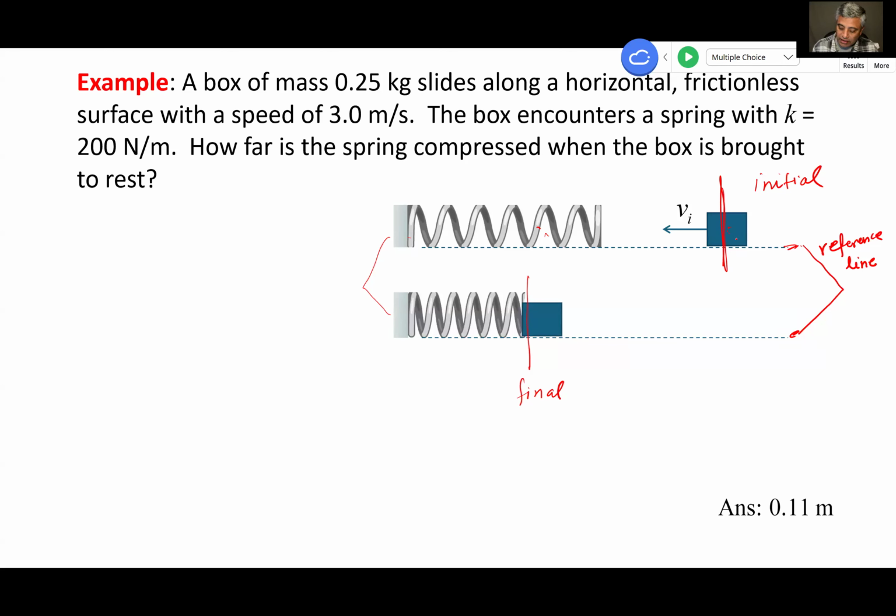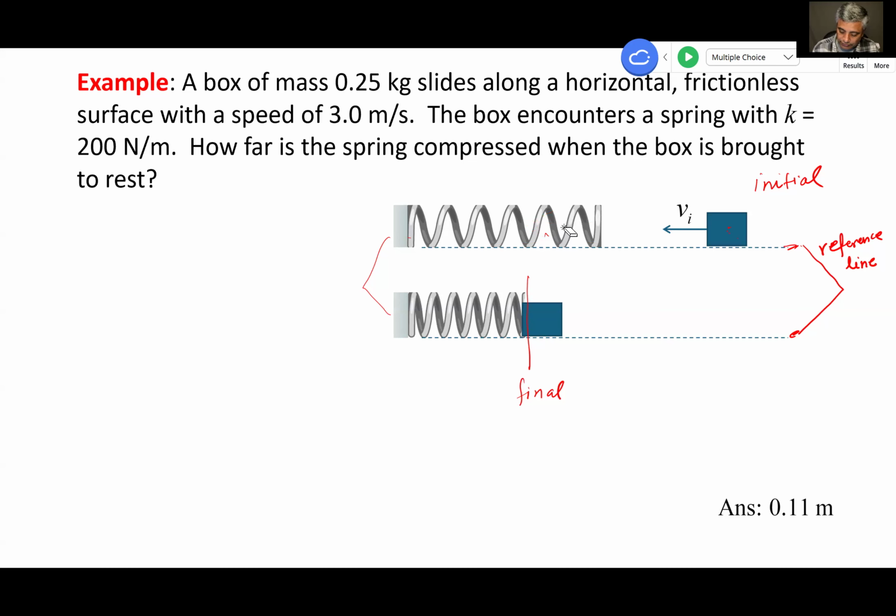Here, the height or the vertical position is the same all the time. So if we choose a reference, what happens is the initial vertical position yi is 0, and the final vertical position is also 0 because it's not going up or coming down, right? It's just staying on that line, just sliding and pushing this, right?